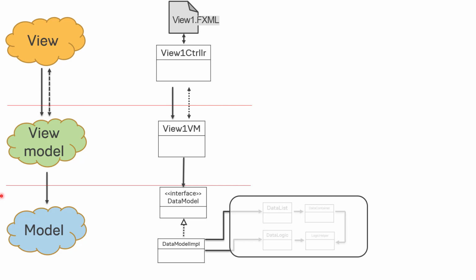The FXML file and the associated controller here will be bound together by the JavaFX framework. So whenever I have this kind of FXML file, I in the file here specify what the name of the controller is, and then the JavaFX framework will automatically load and put things together here. So the binding means that various JavaFX elements in the GUI, my view, are bound to what we call properties in the view model.